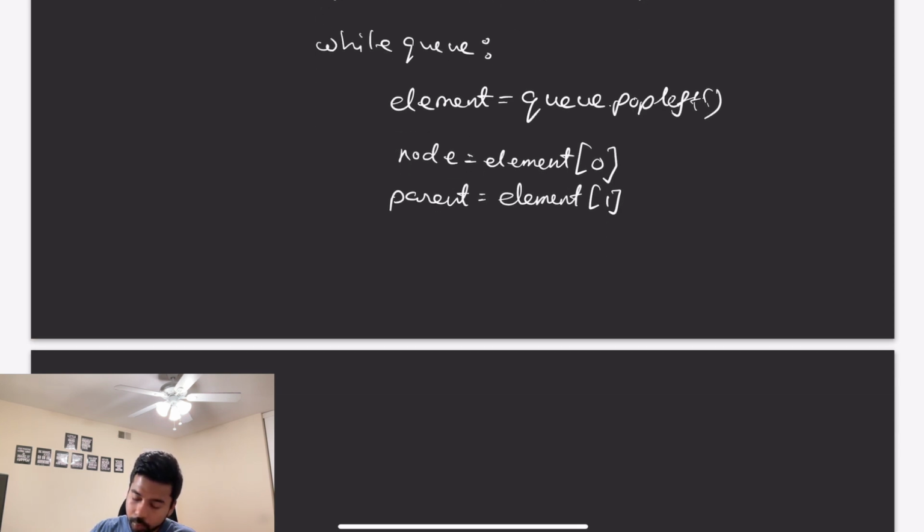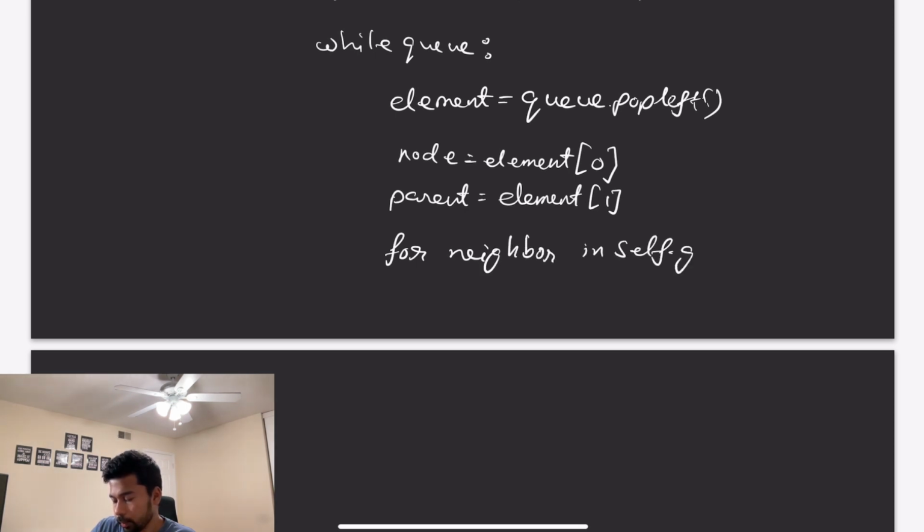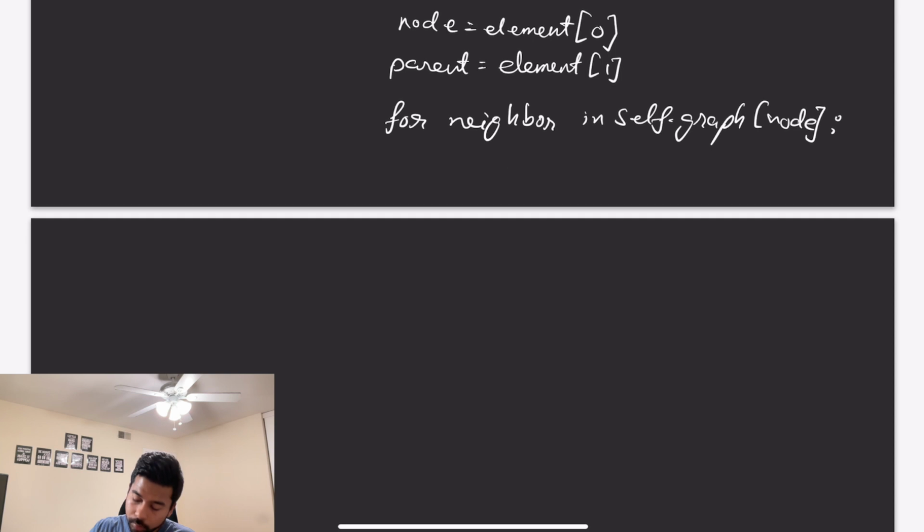And we're gonna do if visited neighbor is 0, it's unvisited.